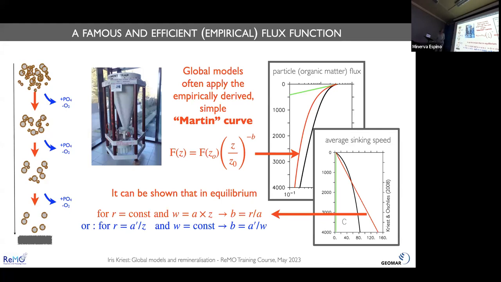This is just straightforward math. We could also make slightly different assumptions, assume that the remineralization rate decreases with the inverse of depth, and the sinking speed is constant again. We would end up with a Martin curve and with some other meaning for b.